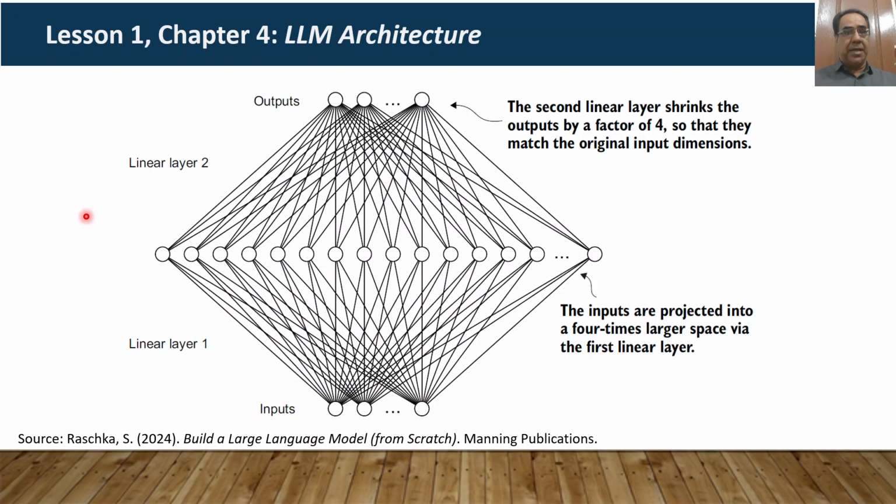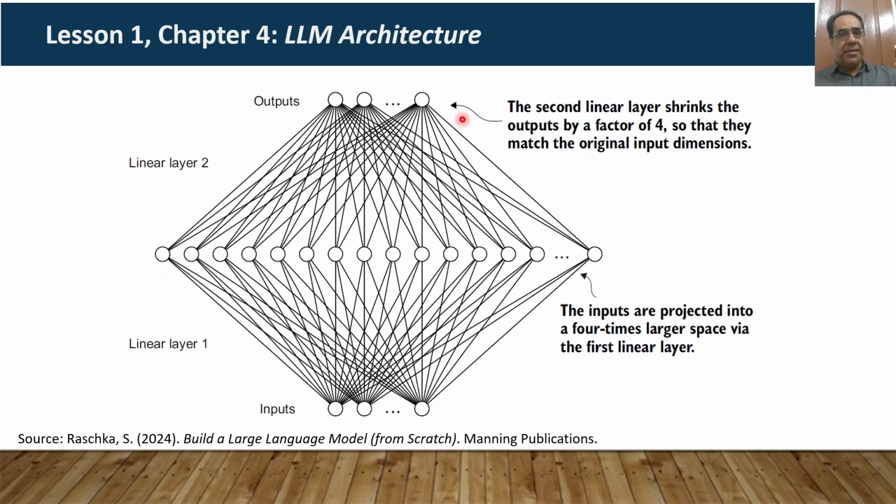This is an illustration of the expansion and contraction of the input and output linear layers in the feed-forward neural network. In this example, first, the input is expanded by a factor of 4 from 768 to 3072 values.